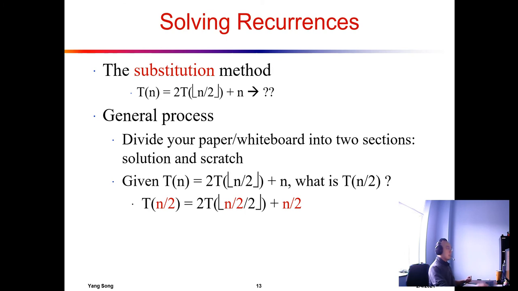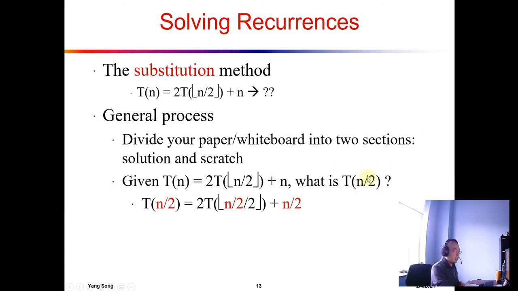Okay, so the substitution. The idea of the substitution is, as you may observe, to solve T(n), we have to know how to do T(n/2). So how do we do T(n/2)?